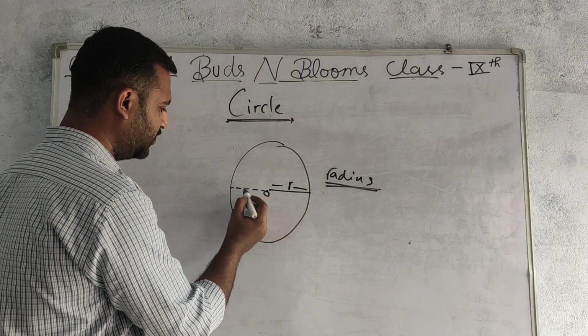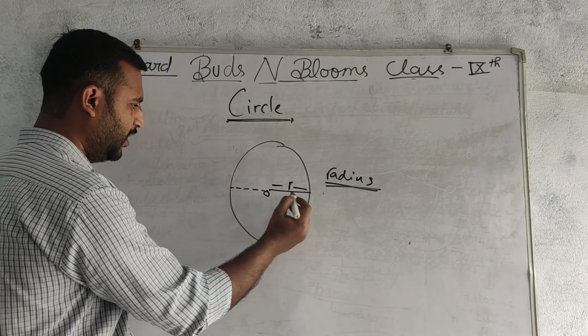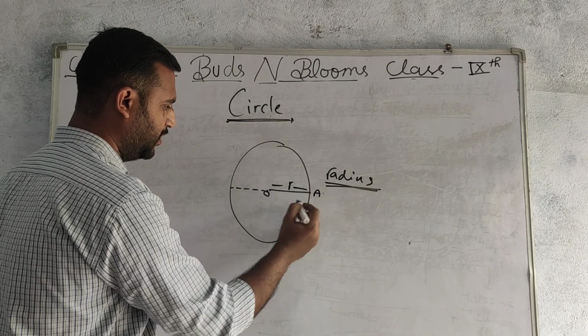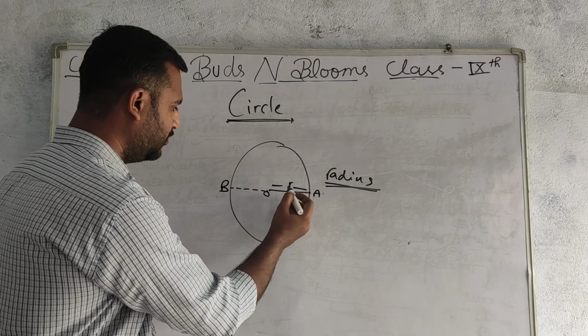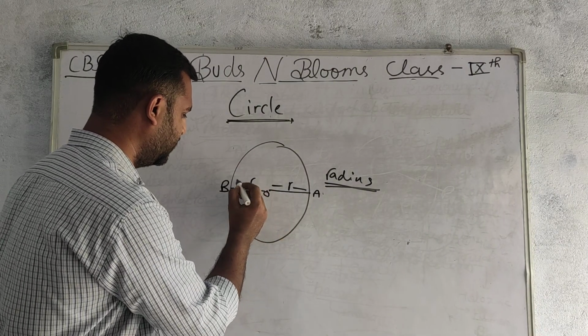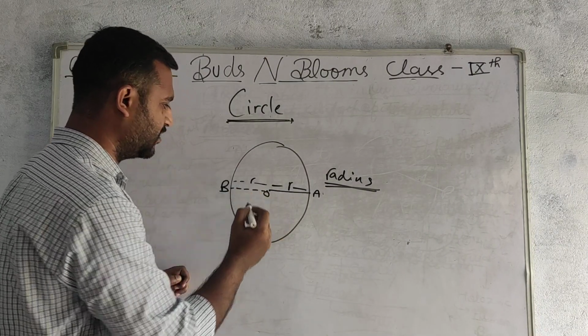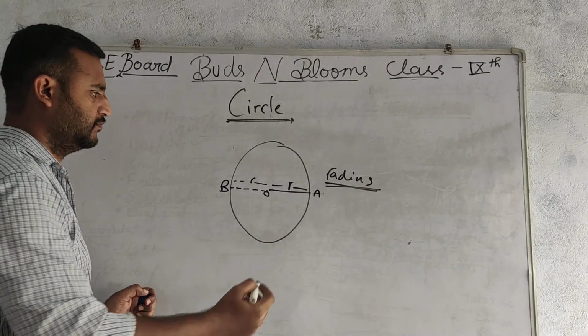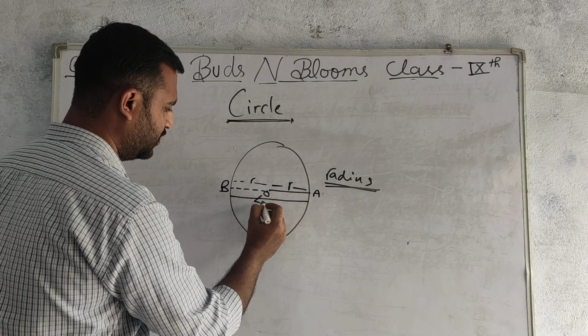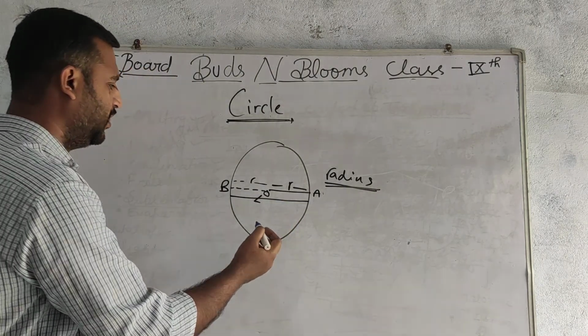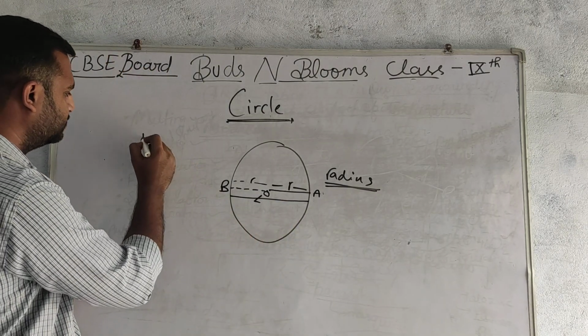If we extend this line to another point, it is A and it is B. So now here distance r and again distance r. This distance A to B is called diameter.